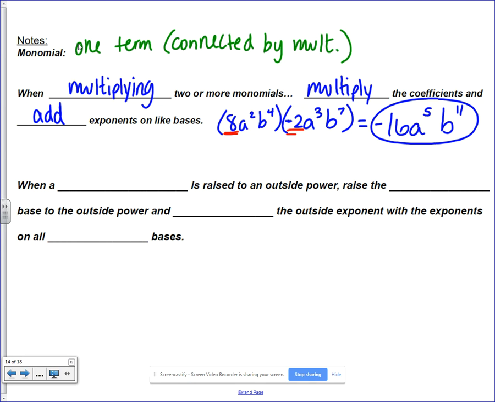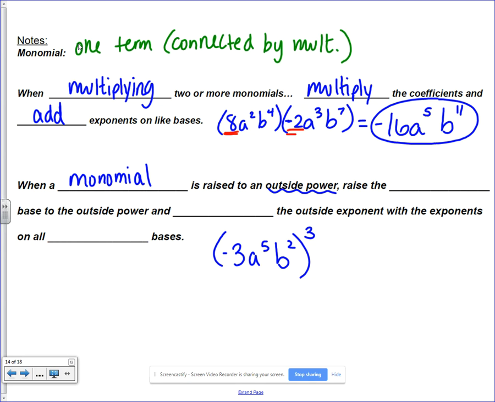Second type of problem we learned about yesterday was when a monomial is raised to an outside power. Okay? So the example I'm going to give you is going to be this. Do you agree that this thing inside of here is a monomial?